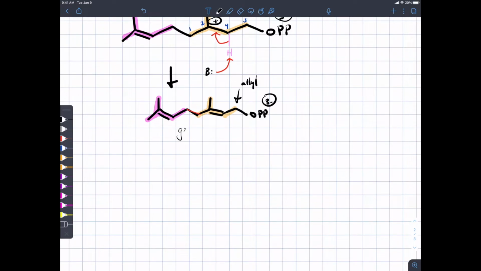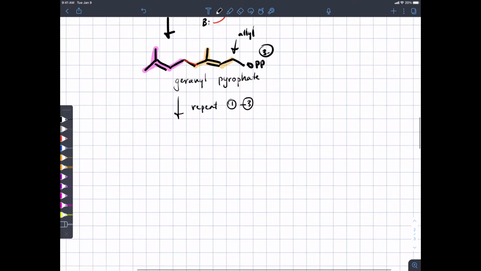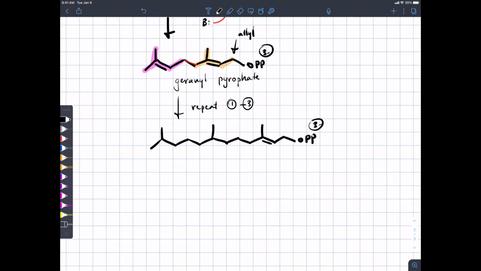So this molecule here is called Geranyl Pyrophosphate, but if you repeat steps 1 through 3, you can get to the following molecule that has 3 isoprene units. And we'll highlight them here.